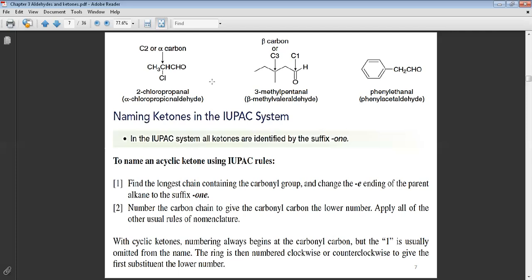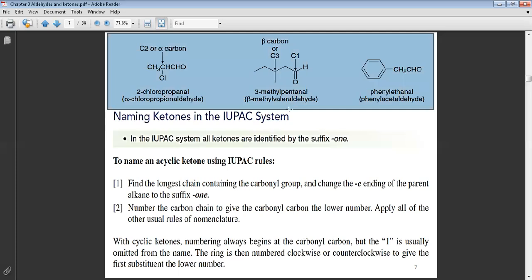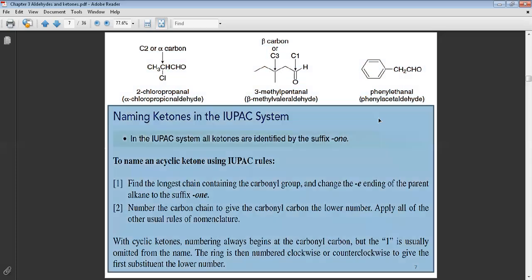And some common names use alpha, beta, gamma. Like this, alpha-chloropropionaldehyde. And this, beta-methylvaleraldehyde. This we call valeraldehyde. Look, these are common names. He asked what valeraldehyde means.